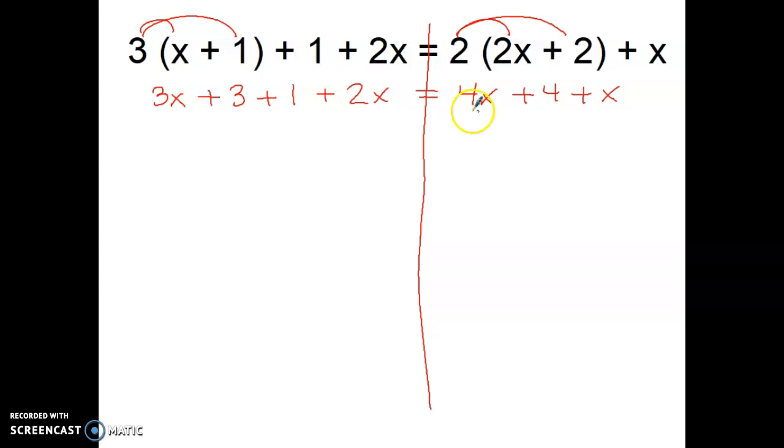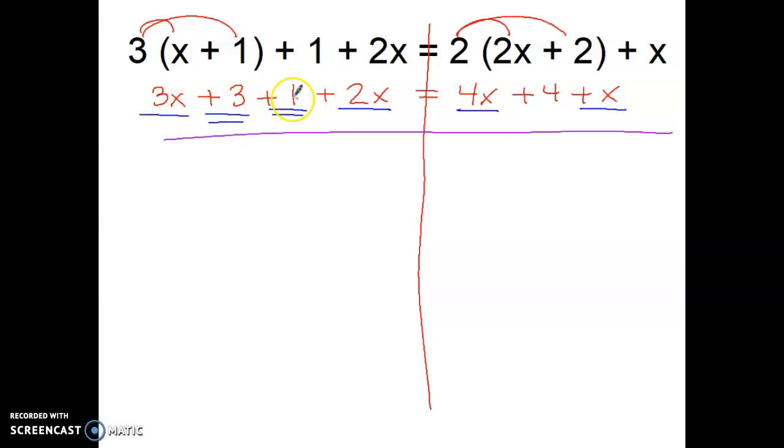So now we're going to combine these like terms and then combine these like terms on this side. When you're done, you should end up with 3x plus 2x is 5x. 3 plus 1 is 4 is equal to 4x plus x is 5x and plus 4.